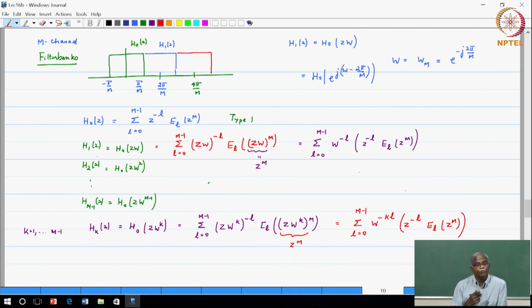If there is an input X of Z, what will be the output?